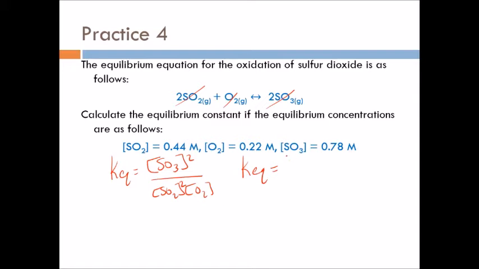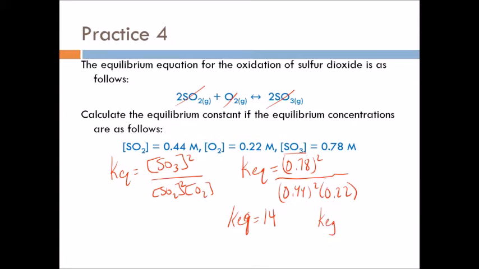All right, so SO3 is right here, so 0.78 raised to the second power over 0.44 raised to the second power times our oxygen 0.22. And once you solve this, you put it in your calculator, you'll end up with KEQ being 14. Now that means KEQ is greater than 1. So the products are favored.